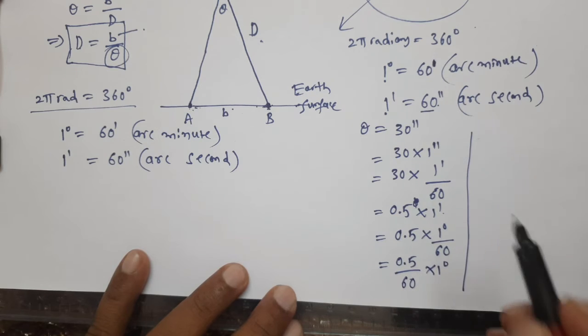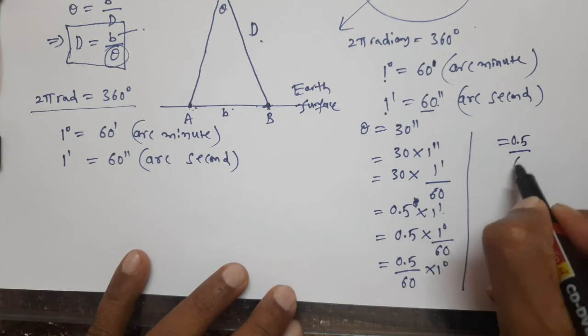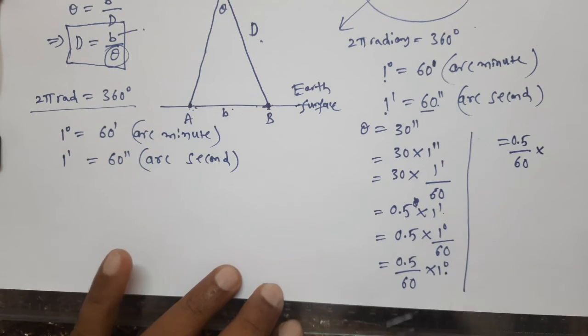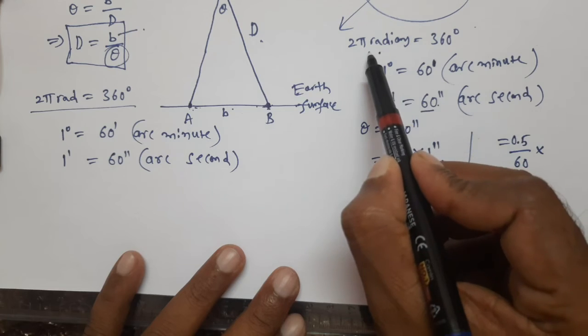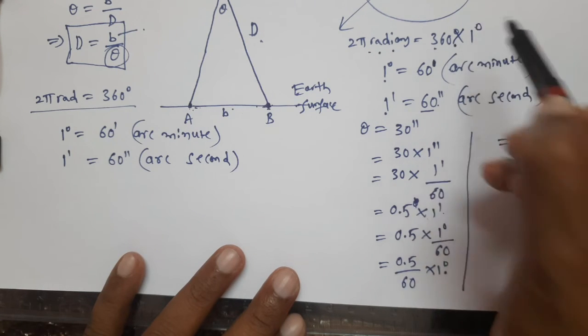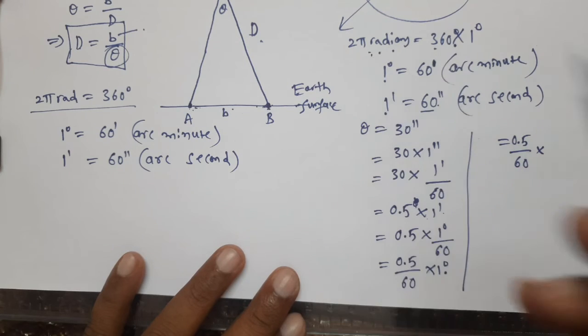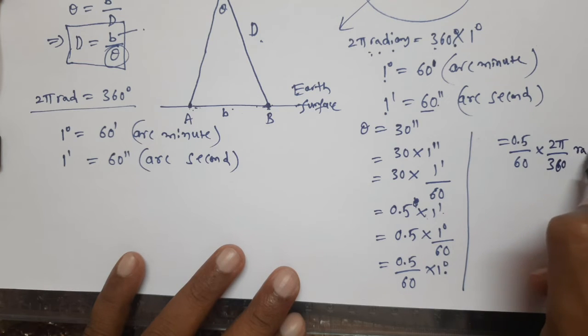Now how do we convert 1 degree into radians? 2 pi radians is equal to 360 degrees. So it can be written as 360 into 1 degree, right? Now bring this 360 here. So what do we get? 2 pi by 360 radians.